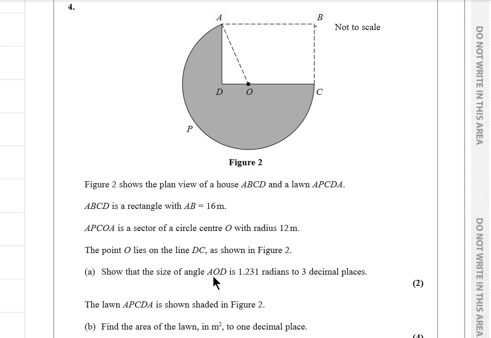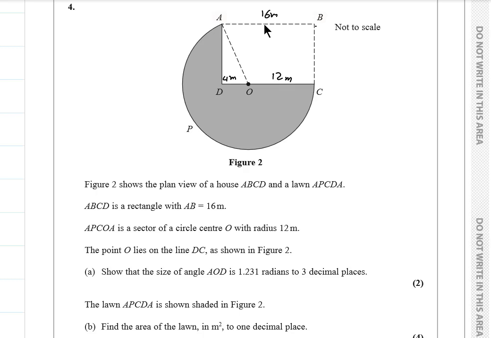Very simple question. But first we should put this data in the diagram. The radius of the sector is 12, so we have here 12 meters. This rectangle has AB equals 16 meters, so AB equals DC, and so OD will be 4 meters, since 4 plus 12 equals 16.